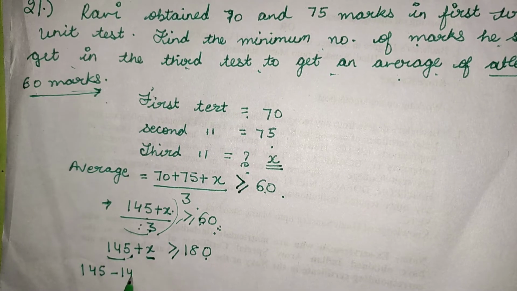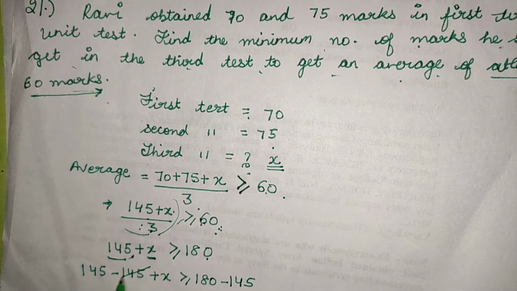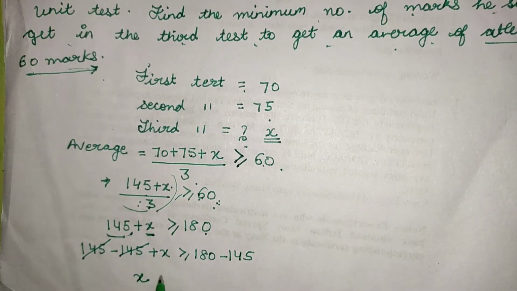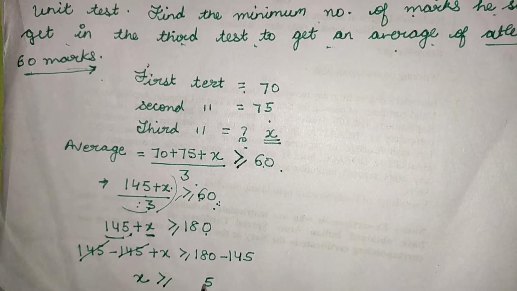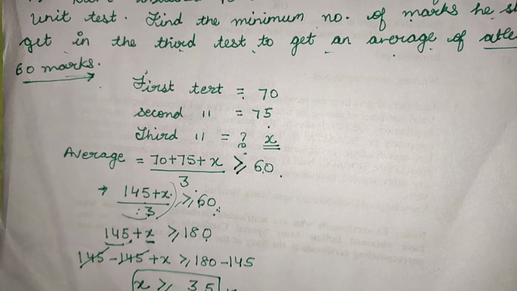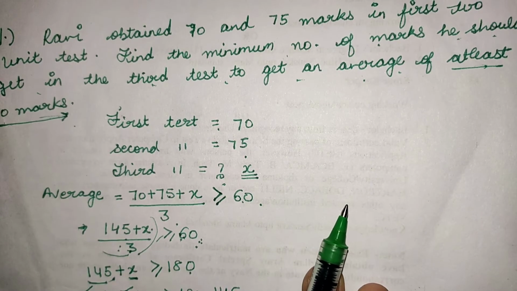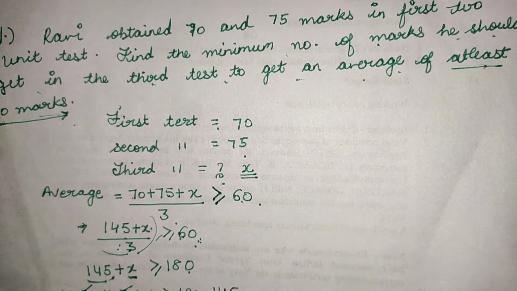So I will subtract 145 on both sides so that 145 and 145 cancel out. So x will be greater than or equal to 35. Okay, very simple question. You just have to think about which inequality symbol you have to use.